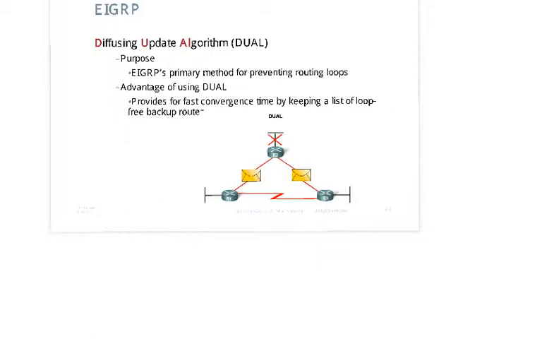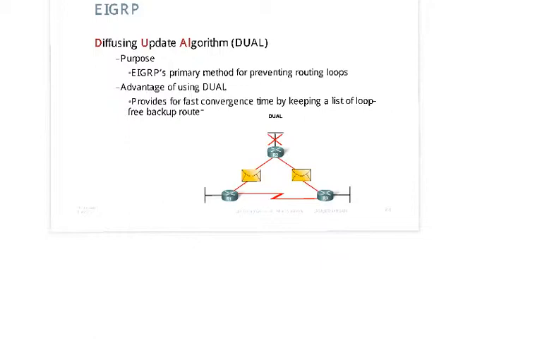Hence, I reach the convergence state again. Right? So the diffusing update algorithm tries to mitigate this part, that I need to reach convergence very fast.